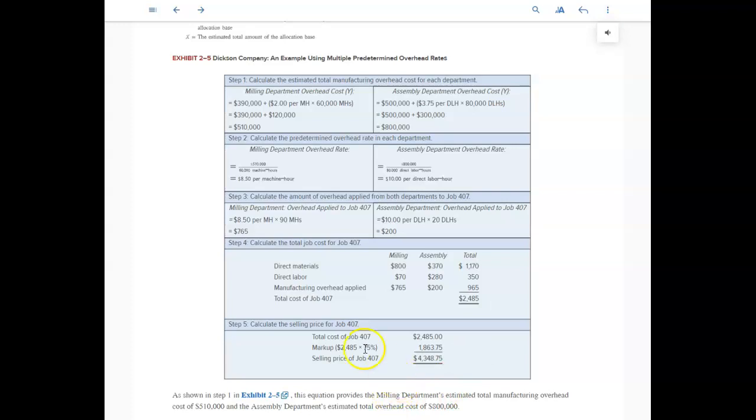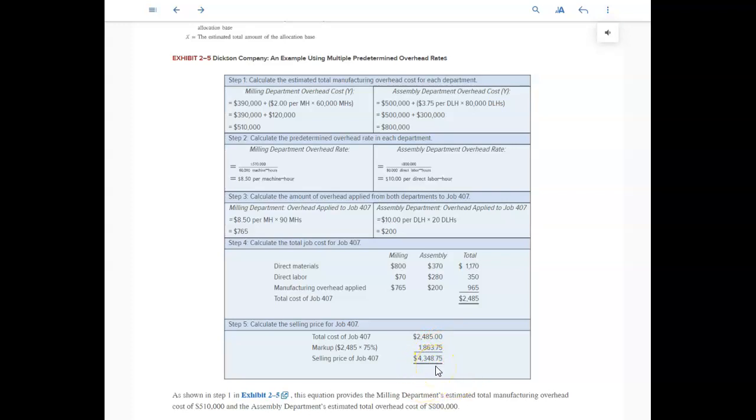Now if we mark up to get a selling price, if we mark it up 75% above cost, we just found the cost, $2,485, and add 75% of $2,485. 75% of the cost. That's going to be our markup, $1,863.75. And so the selling price of this job is going to be $4,348.75.